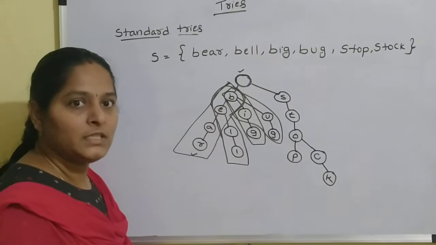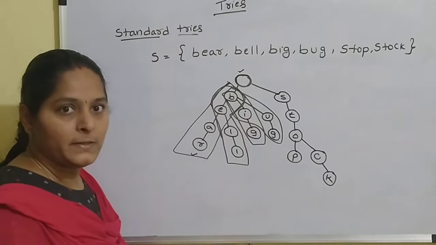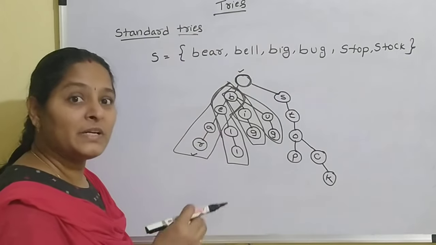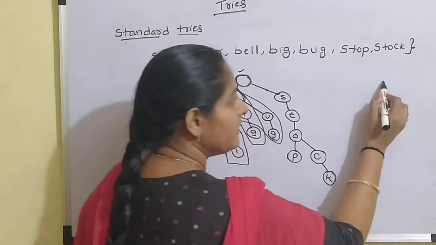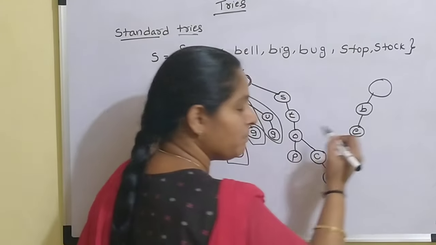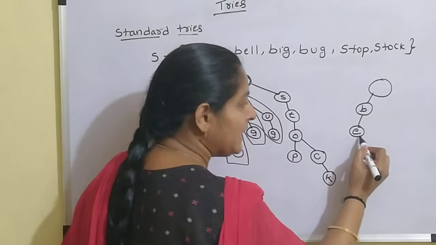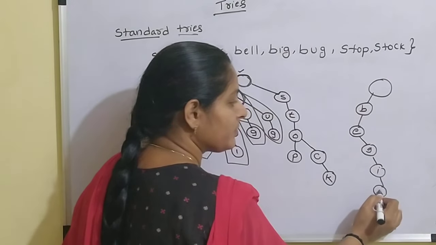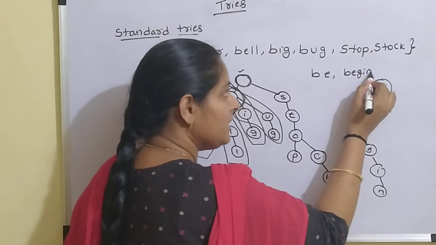And one more important thing you have to note here is, whenever there is a word, that complete word should not be a prefix for another word. Just assume here, suppose I have a word like B, E, and I have one more word like begin, B, E, G, I, N. Okay, here BE is one word, BEGIN is one word.